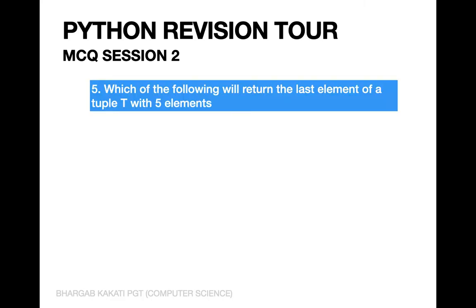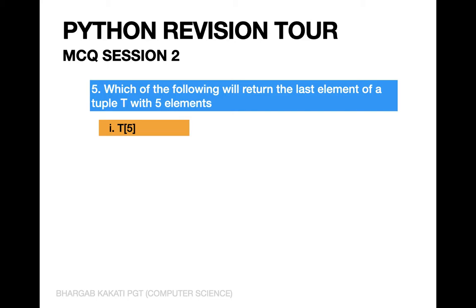Let's move on to the next question, which is, which of the following will return the last element of a tuple T with 5 elements? So we have a tuple with 5 elements. I'm talking about any tuple which contains 5 elements.